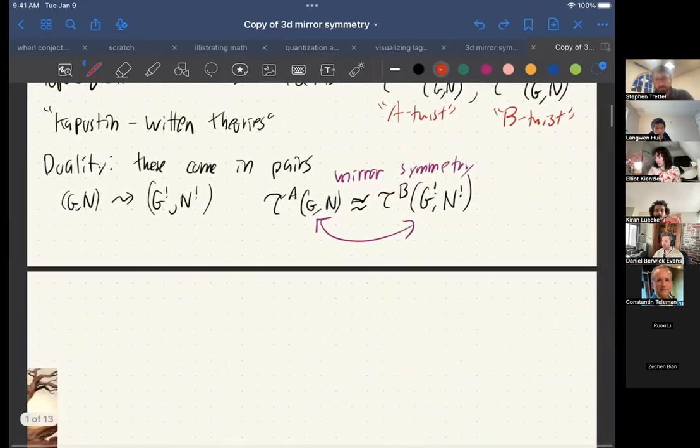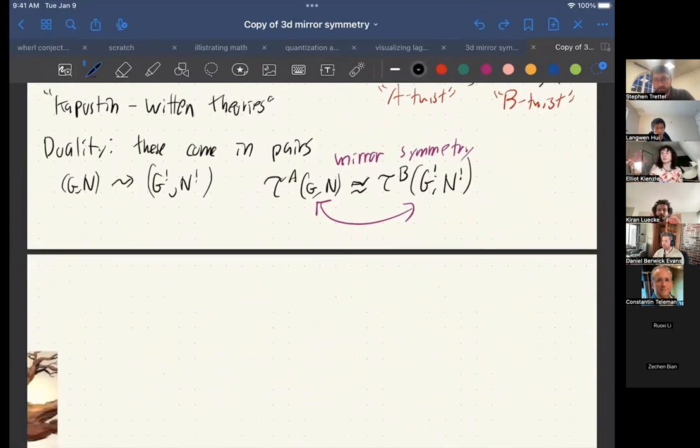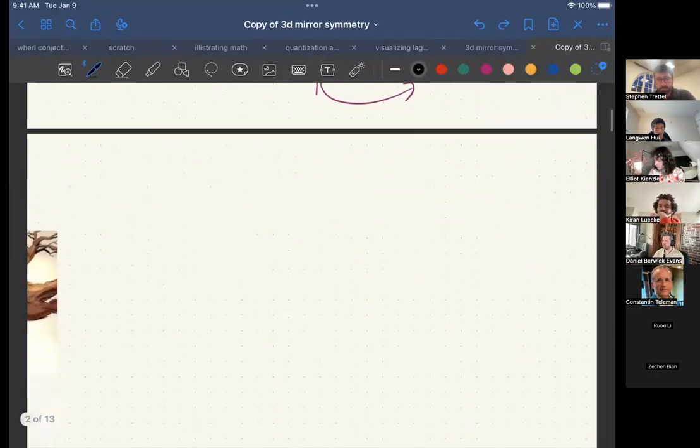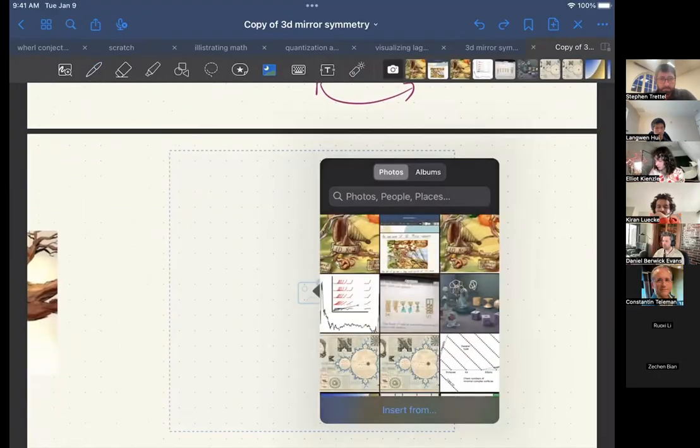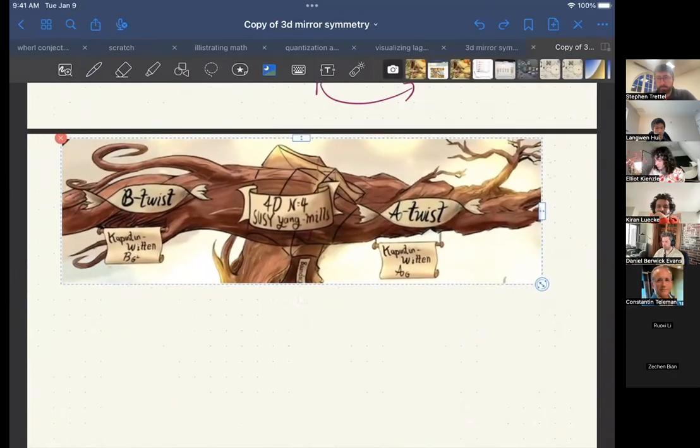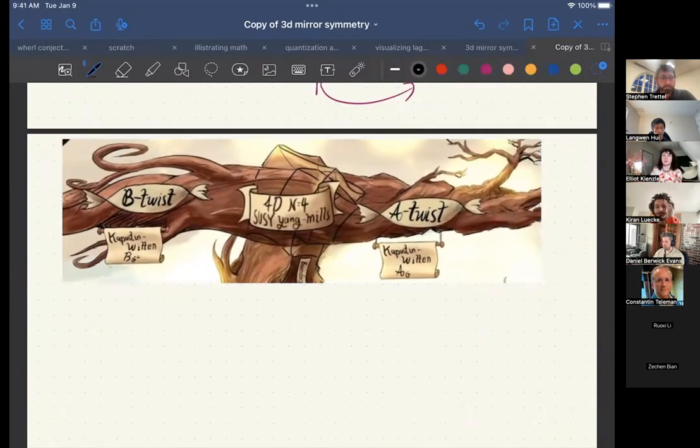So we have a couple of ways to, yeah. Let me just pull this picture in just so we have a nice picture of it. There we go. There's our two twists. And we expect these to be things that come from categorical information, that come from, sorry, fully extended TQFTs.